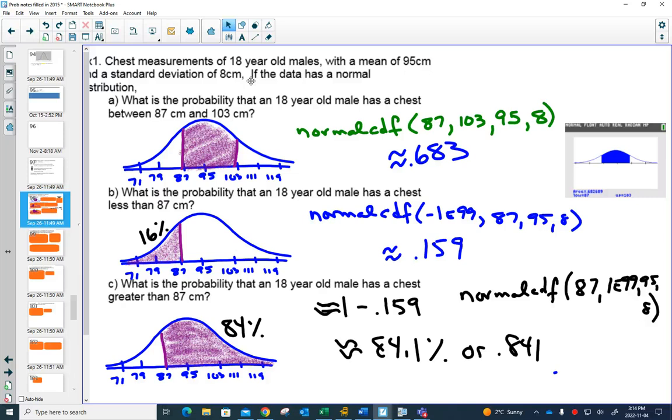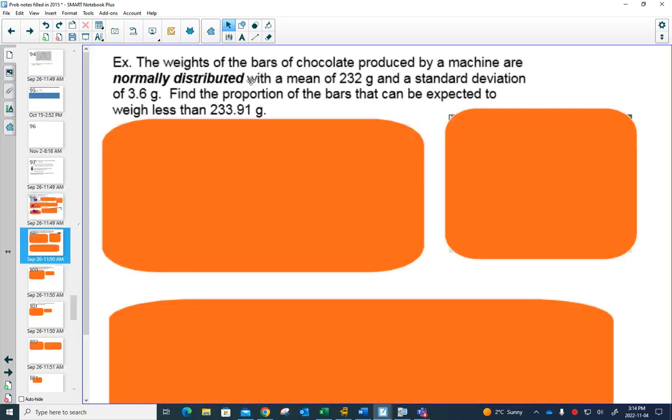So then you would find -1, and under the chart it would have 0.159. And you'd be like, okay, I know up to 0.159 is 15.9. Up to one standard deviation below is 15.9%. But now that we have our calculators, we can figure it out quick.